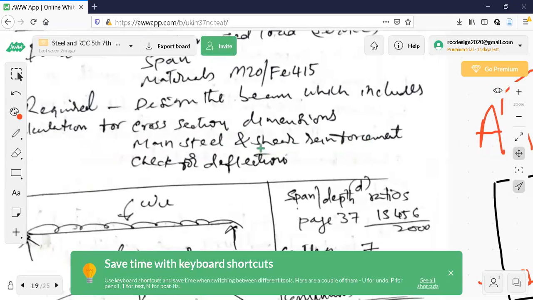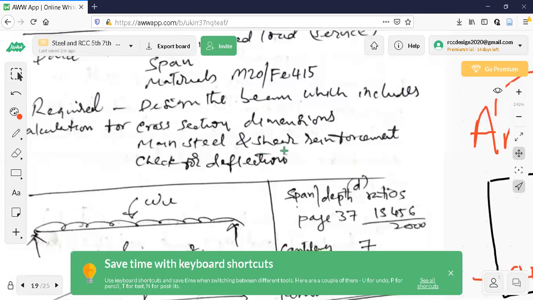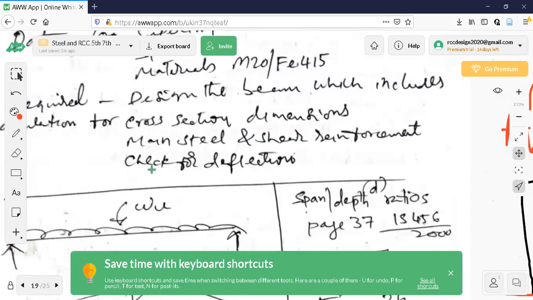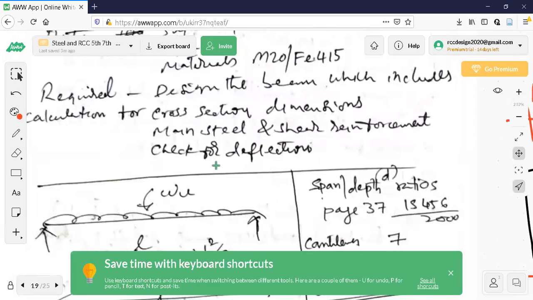Find out the factored shear force from that one. Let us say two-legged stirrups of so much diameter and spacing will be this much. So you have to find out diameter and spacing of stirrups. That is nothing but shear reinforcement. Then finally you should go for check for deflection.